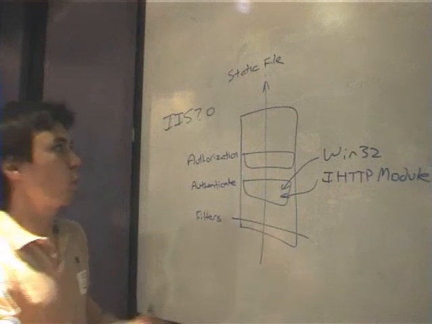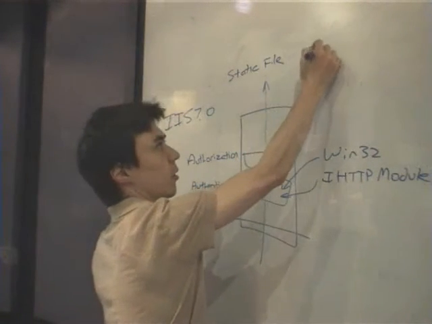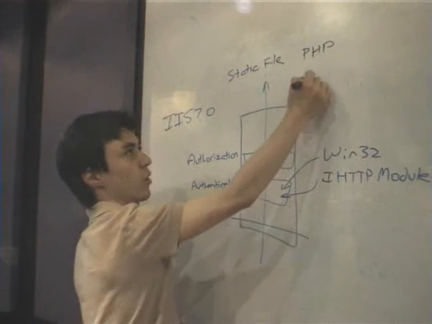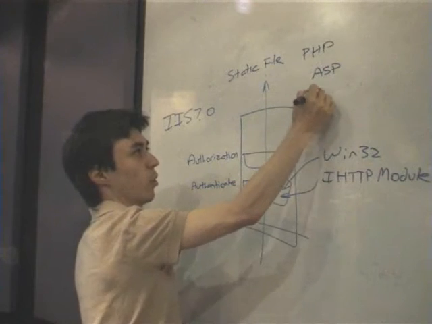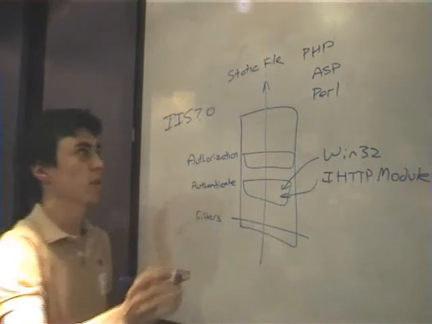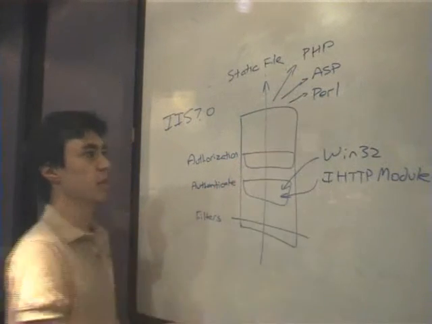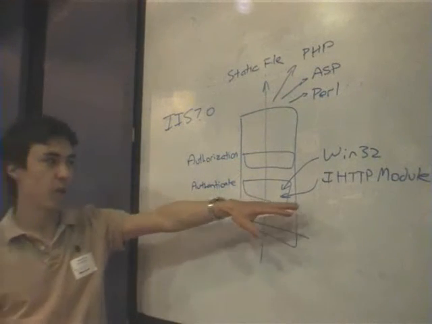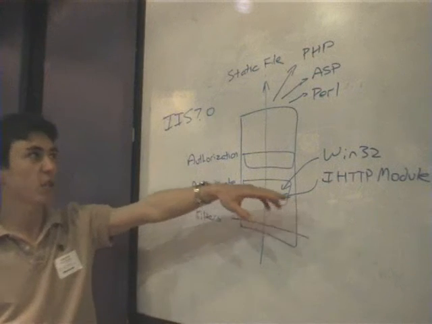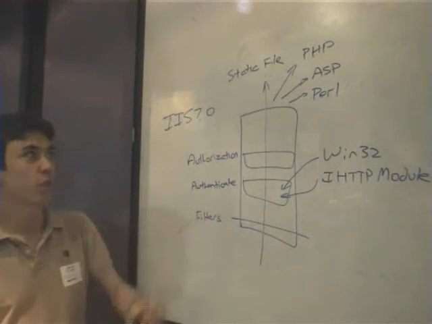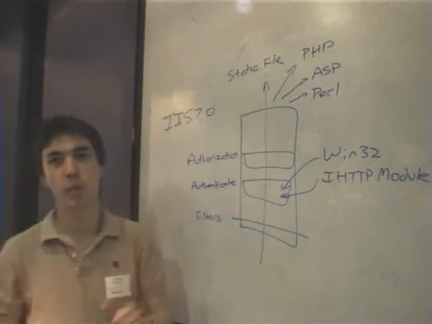That's absolutely correct. So up here, it doesn't matter if you've got a PHP page or an ASP page or a Perl page. All the requests will come in here and they'll be handed off at the end, but you're still able to, for example, use forms authentication to protect your classic ASP pages or your static files or even your PHP pages.